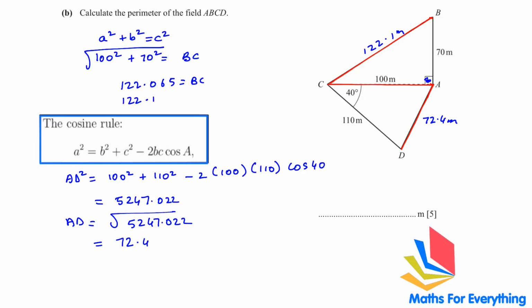We just have to add up all the outside, the side values that we have. 122.1 plus 70 plus 72.4 plus 110. We can write 374.5 meters. So that's our perimeter.